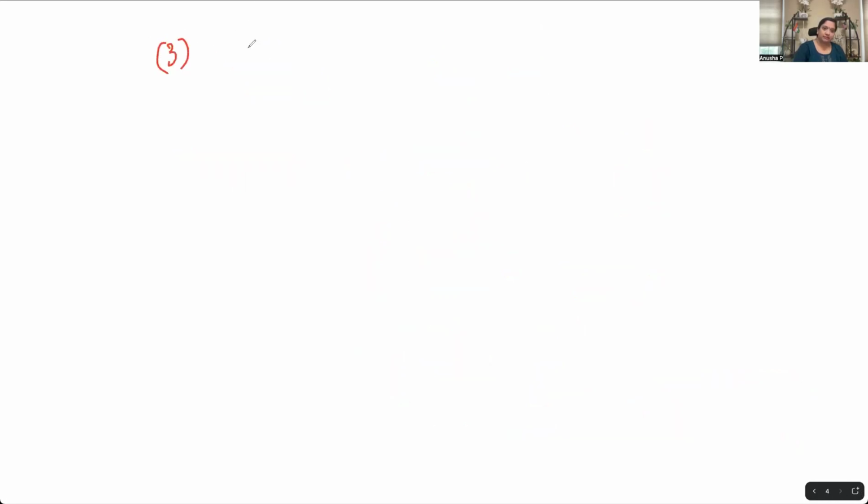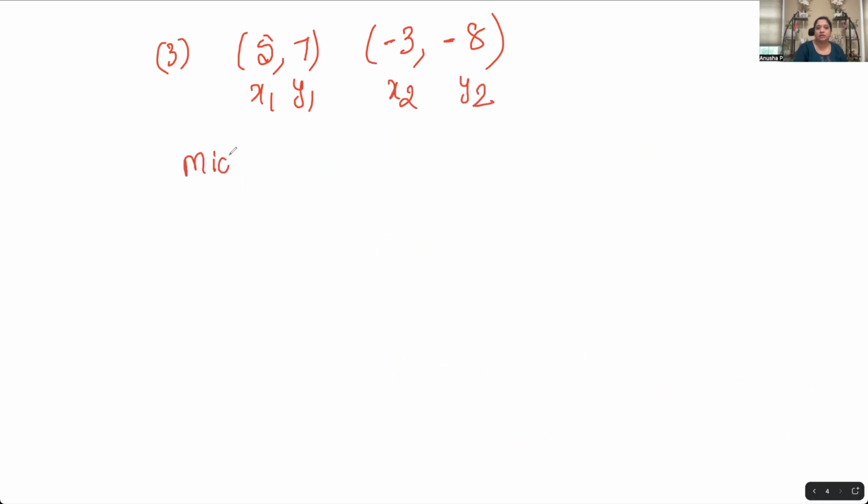The third example, 5 comma 7 and minus 3 comma minus 8. Okay. Then first step, label the points x1, y1, x2, y2. Write down the formula.